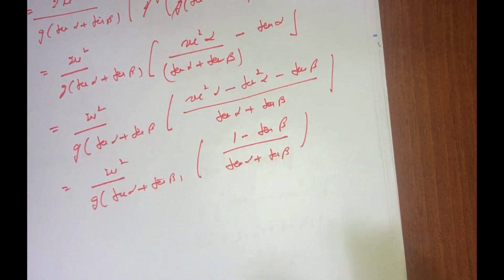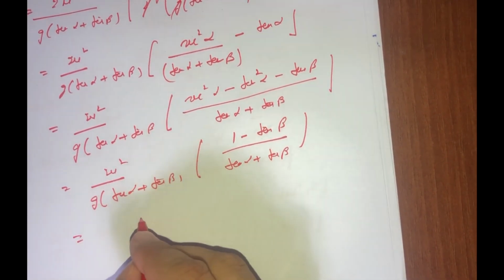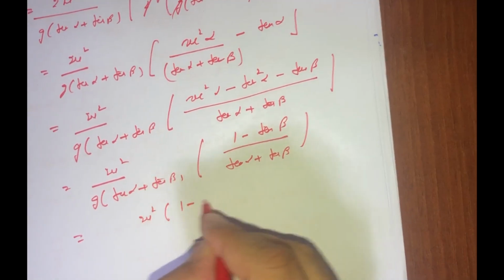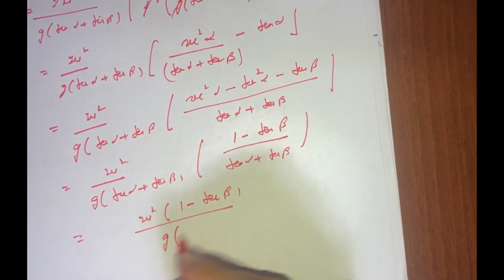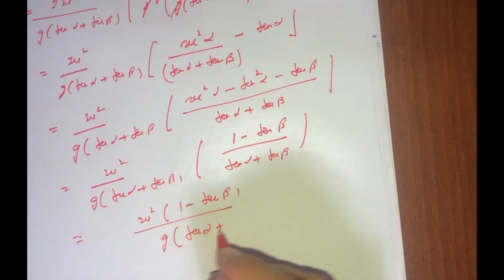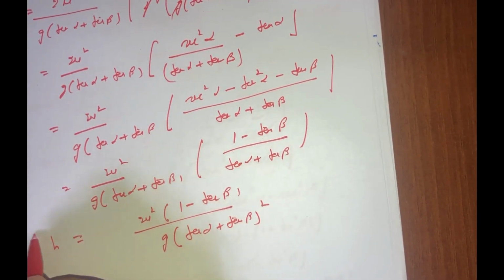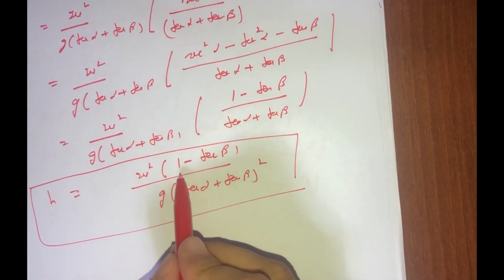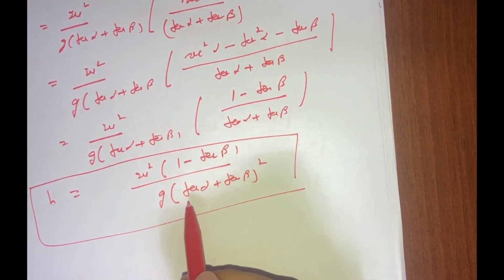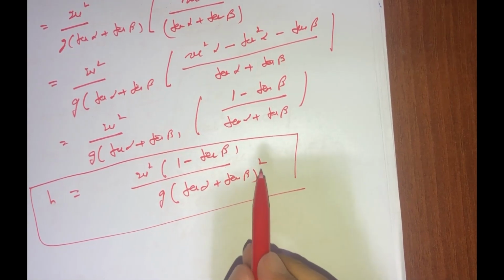Since secant square alpha minus tan square alpha equals 1, we write this as 2u square over g tan alpha plus tan beta multiplied by 1 minus tan alpha tan beta divided by tan alpha plus tan beta. Combining the denominators, it is a plus b into a plus b. So we get the value of h equals 2u square multiplied by 1 minus tan alpha tan beta divided by g multiplied by tan alpha plus tan beta whole square.